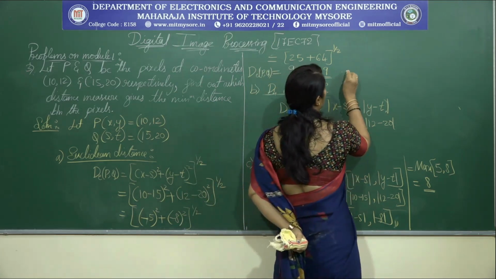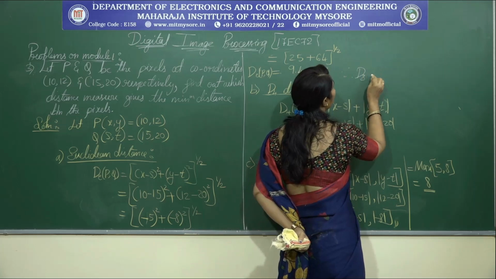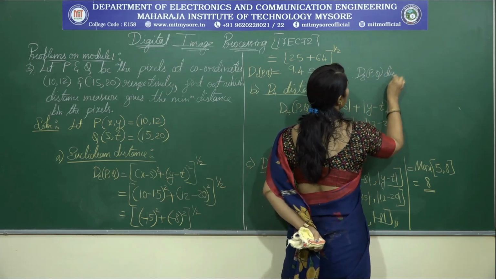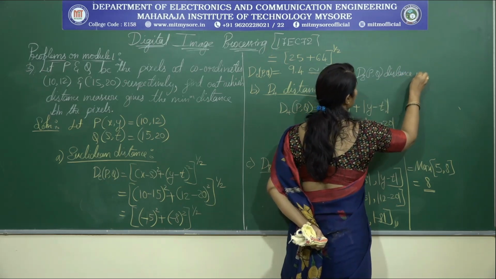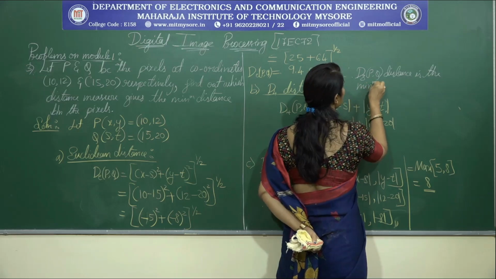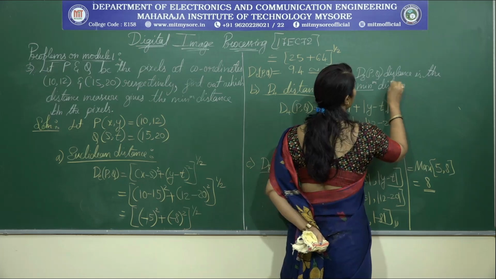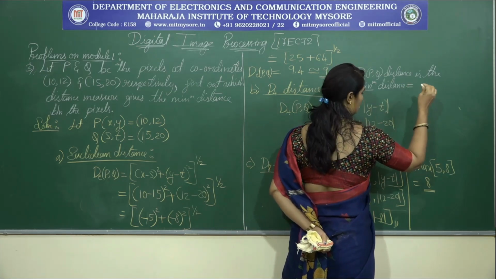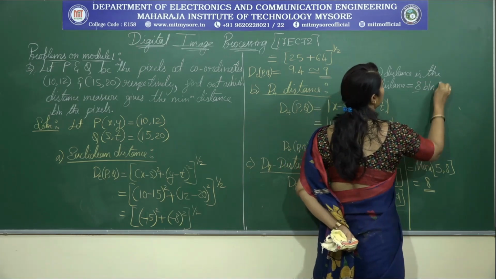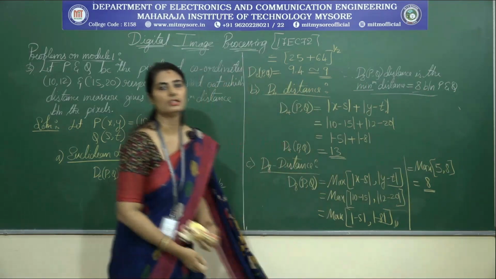So therefore here I'll write: D8 distance is the minimum distance, which is equal to 8 between P and Q. So this is the conclusion.